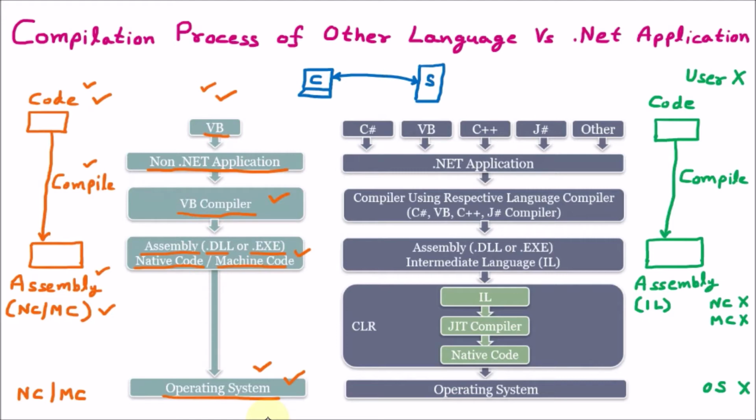Now let's suppose the Facebook code is in C programming, VB or C++. What will happen? The original files from the server will come to the client, because in this compilation process there is no intermediate code available.